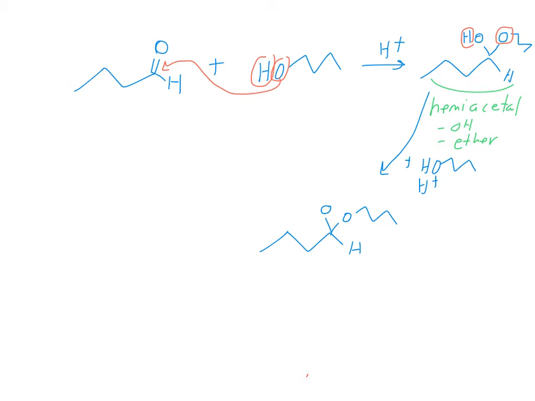And what do we replace it with? Not an oxygen double bond. An ether. An ether is an oxygen with 2 carbons on it, so I'm going to put the same thing over here. That OH gets replaced by the ether, and so this is called an acetal. An acetal has 2 ethers.